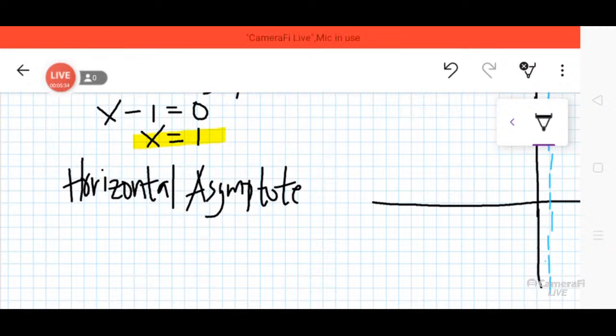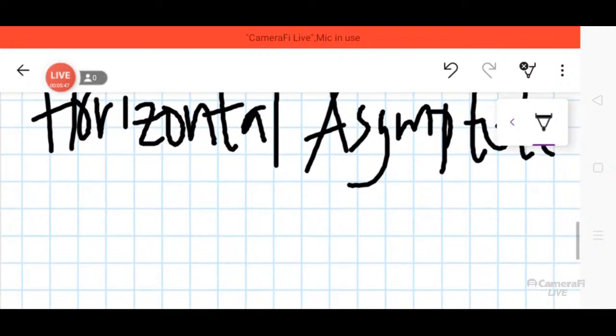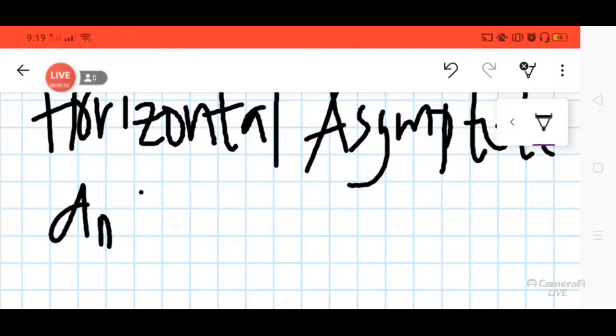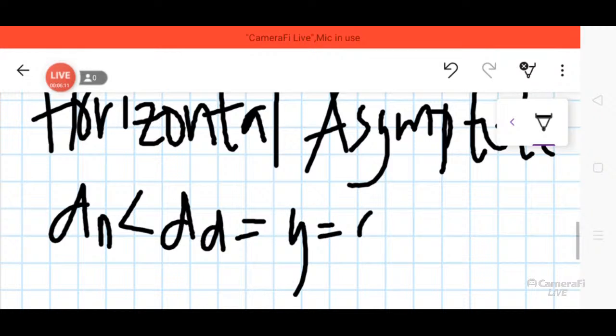There is a rule that if the degree of the numerator is less than the degree of the denominator, then y is equal to 0.